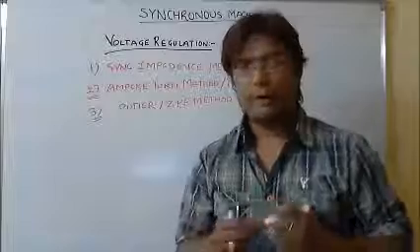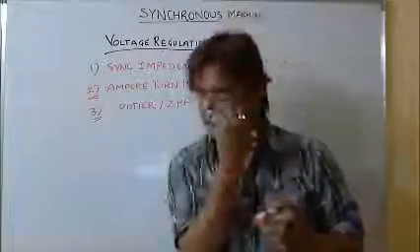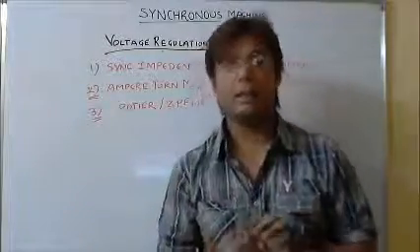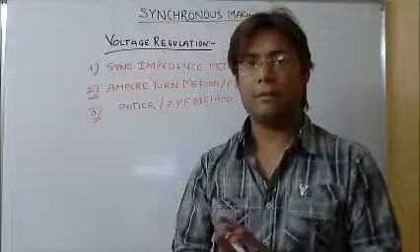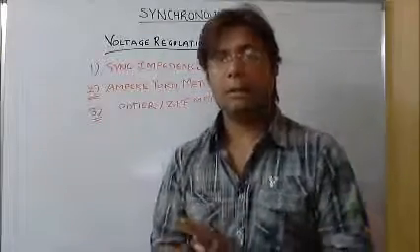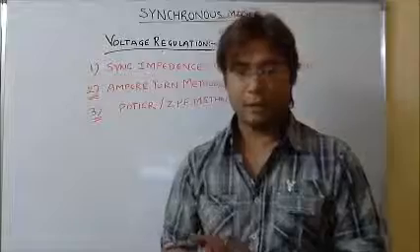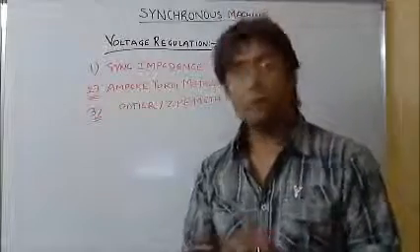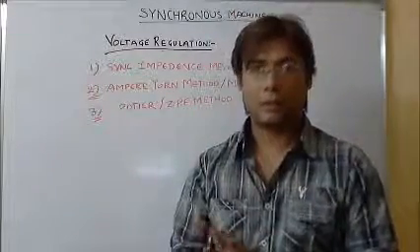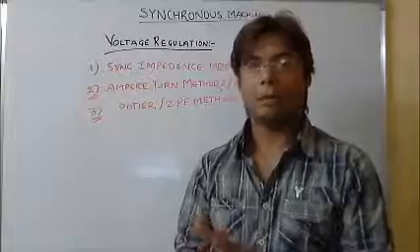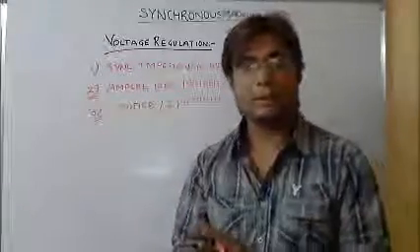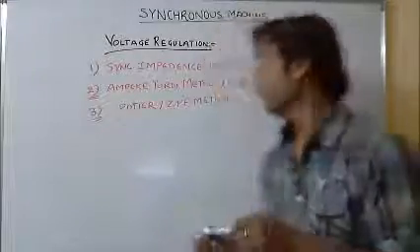The very important point here is that the advantages of the synchronous impedance method or EMF method are that it is very easy to conduct because it's a no-load test.